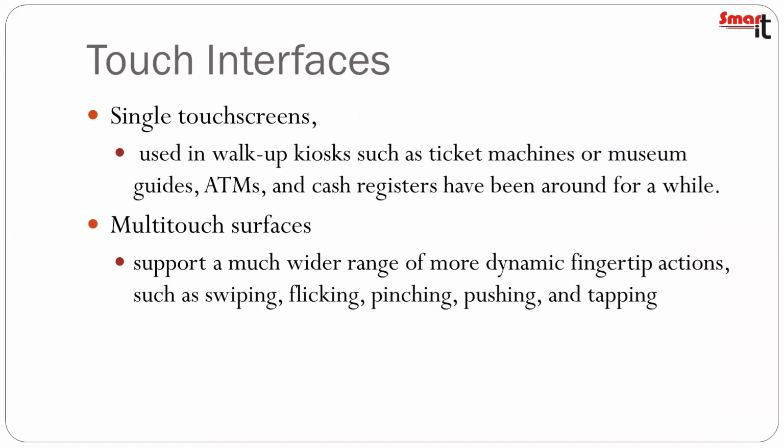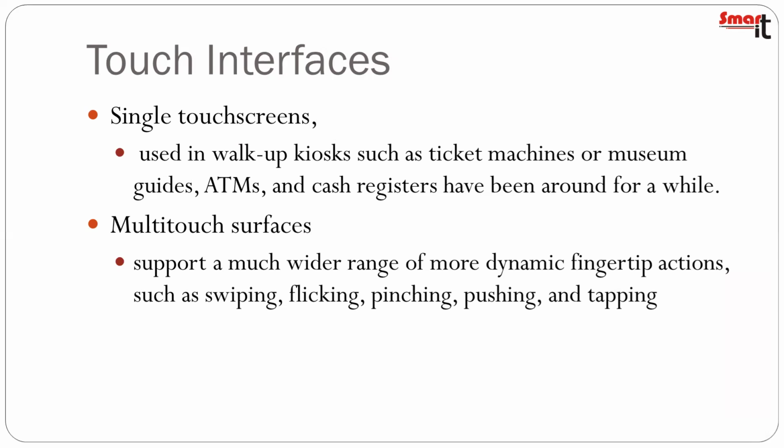And touch screens. Single touch screens, maybe they are just like ATMs, right? Those things. And multi-touch screens are also there. It means you can do many things. Fingerprint options are also there, swiping. Just like a mobile phone, sometimes we are zooming in and out. So that is one way of touching.